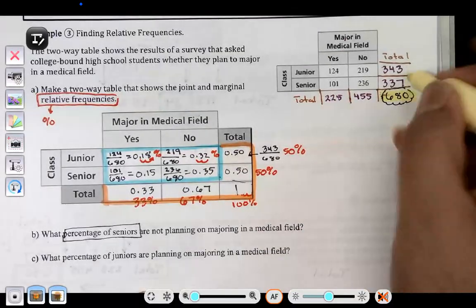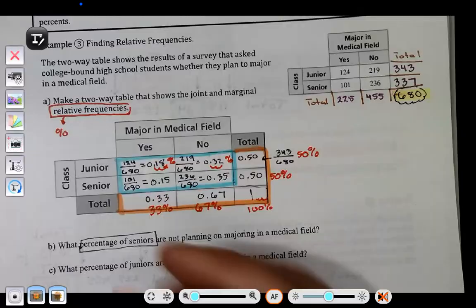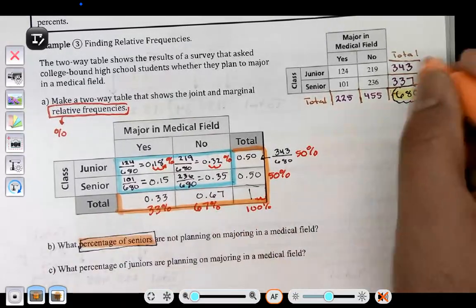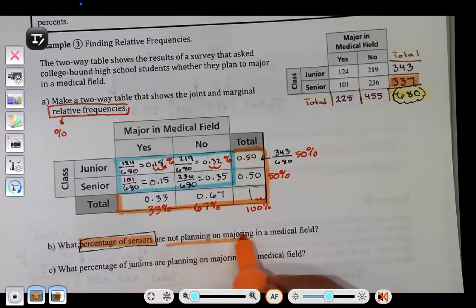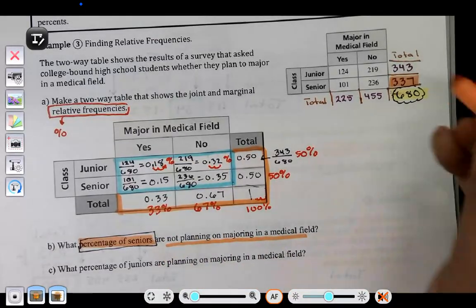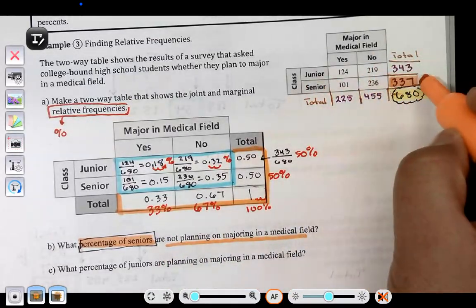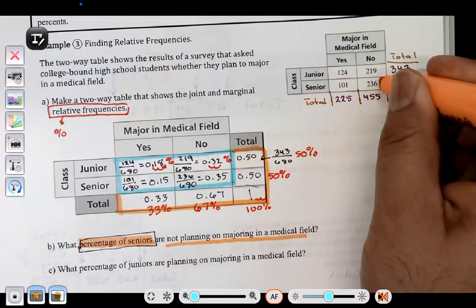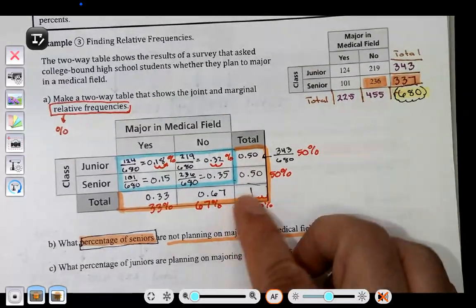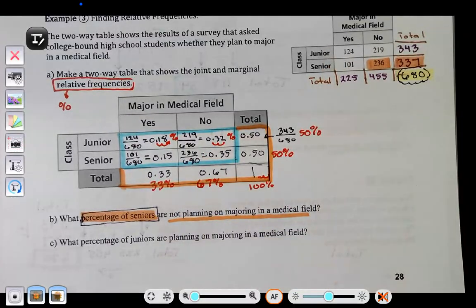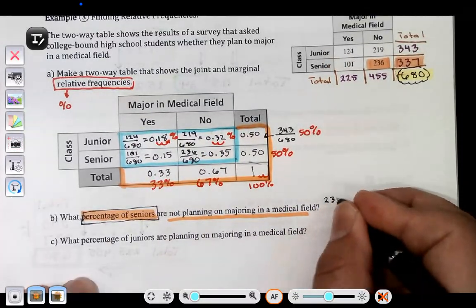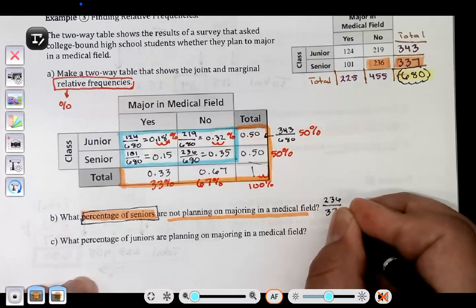How many seniors? 337. Percentage of seniors only, 337, and they said no to the medical field. Well, how many of those seniors said no to the medical field? So that means I can't use any of these numbers, unfortunately. I've got to use their two. So that means I'm going to go 236 divided by 337.